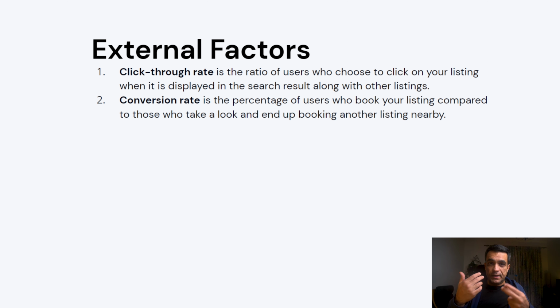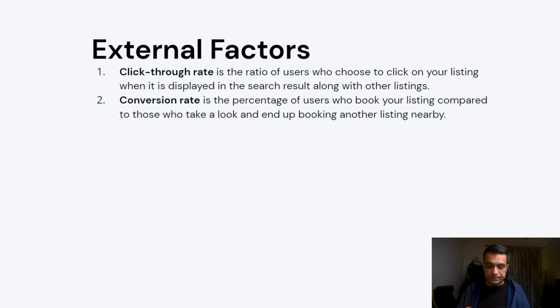That's again a good indication to Airbnb, because once people go beyond that first page, they can see more photos of your property, read the description, see the amenities and all the other details you have put in. So this is the second stage, where Airbnb judges by user behavior how many of the people who click on your property book it. That gives an indication that there is something inside that listing which is good.